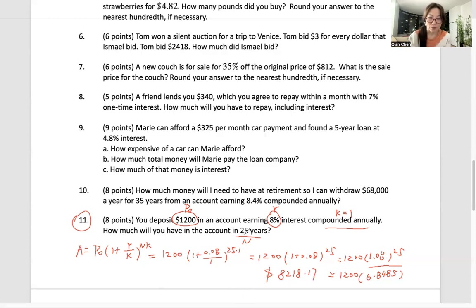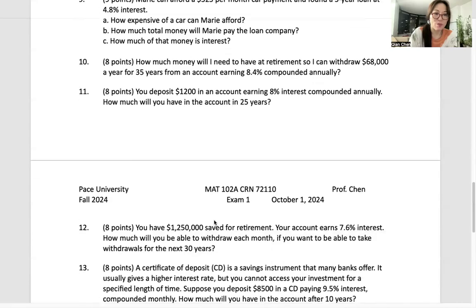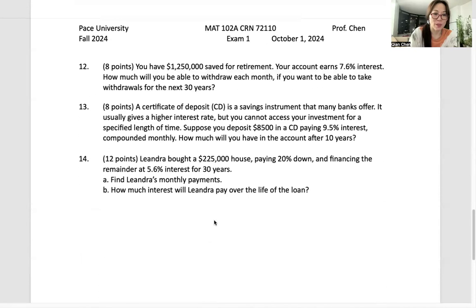Why? 25 years. Oh, yes, it makes sense because we only deposit once. So this is 1,200, we only deposit once, and in 25 years we get $8,218. All right, that's 11. Now let's erase this and move up. We have 3 more questions to go, then we'll be done.